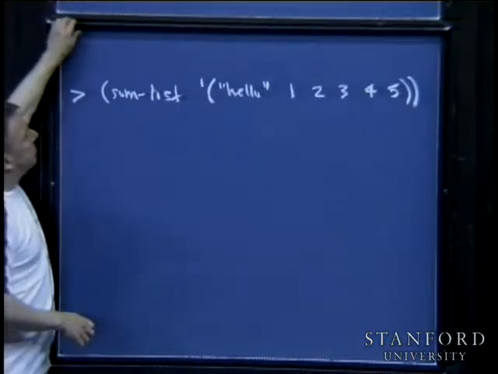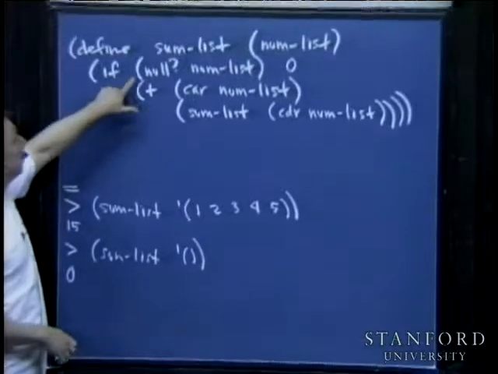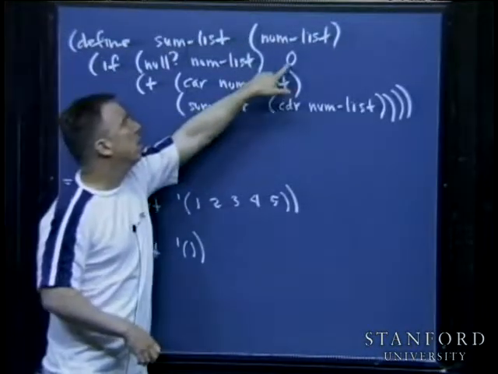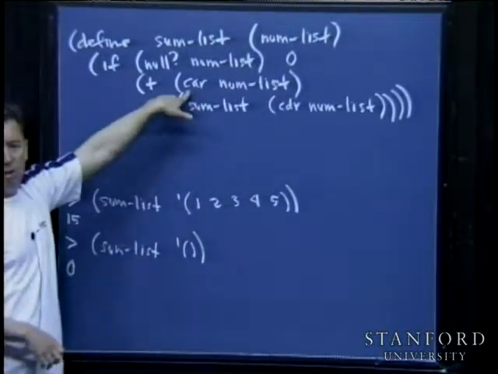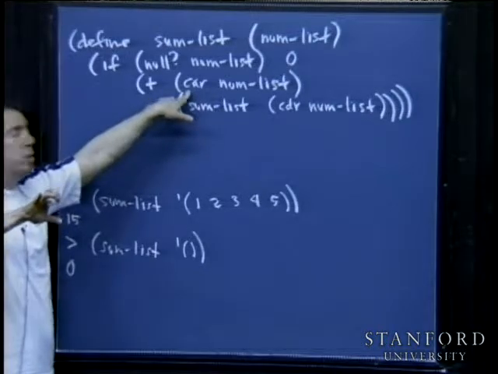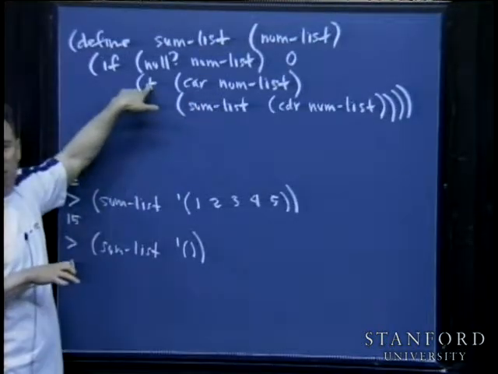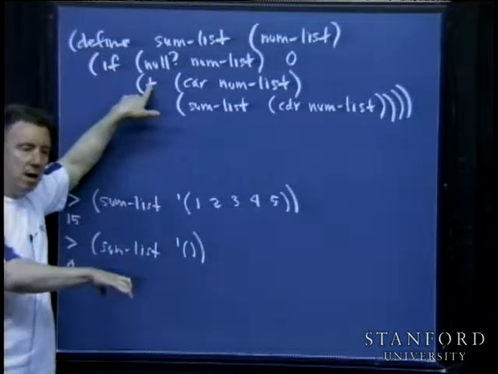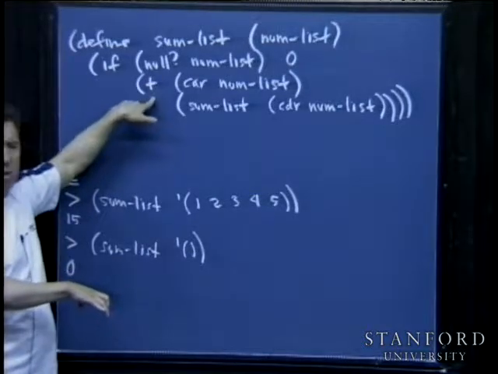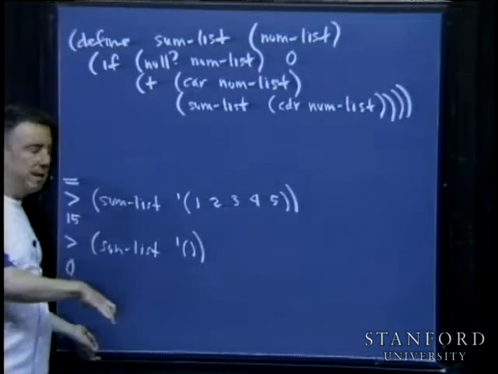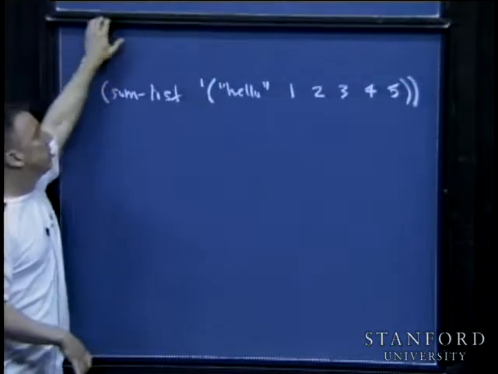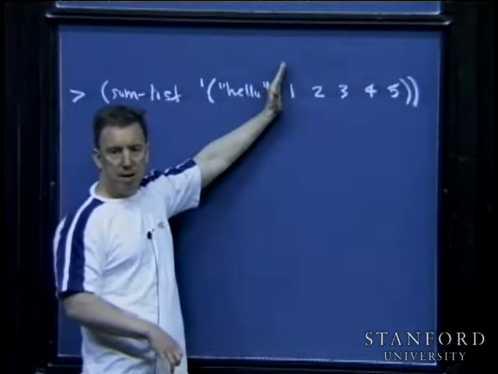Because it fails this null test right here, it doesn't return a 0. It calls car of num-list, and it prepares this hello to eventually be levied against this with a plus sign. But before it can actually evaluate the plus expression, it has to fully commit to the recursive evaluation of this thing right here.